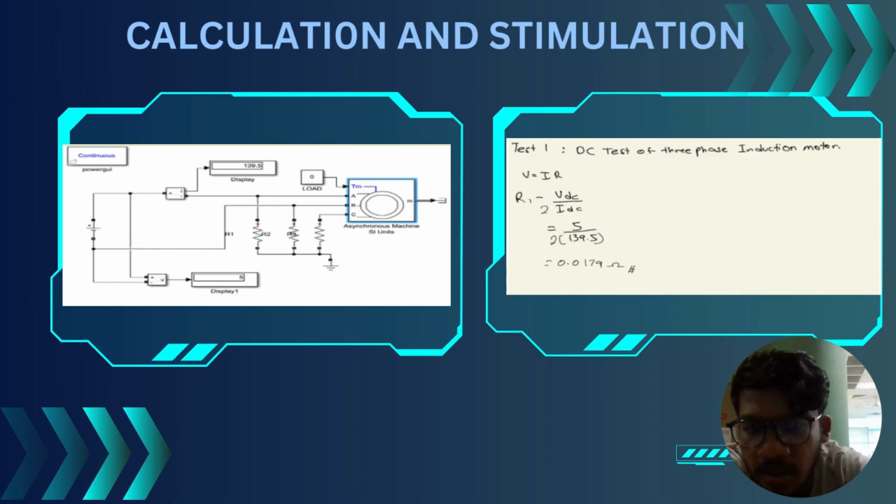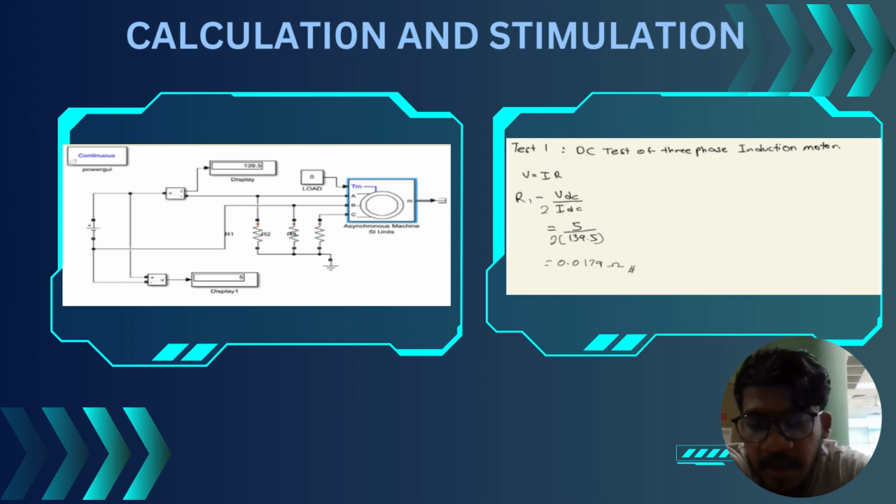And then the upper display is showing the current 139.5 amperes. And then there are three resistances that I put, 80,000 ohm each. So this is the simulation that I constructed in MATLAB.